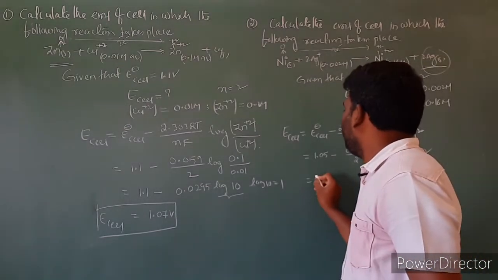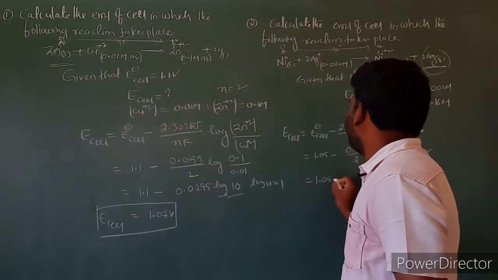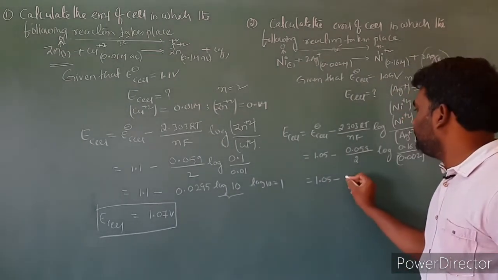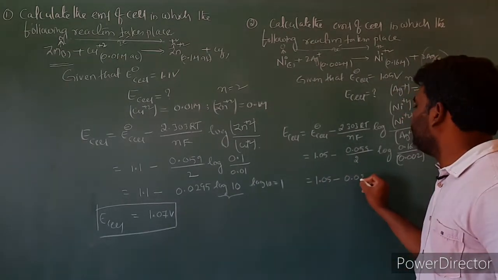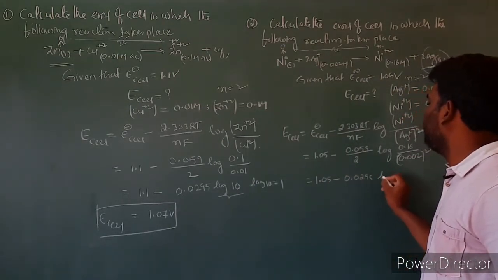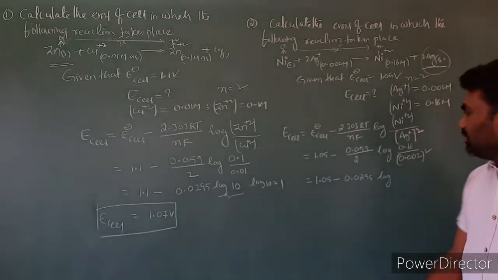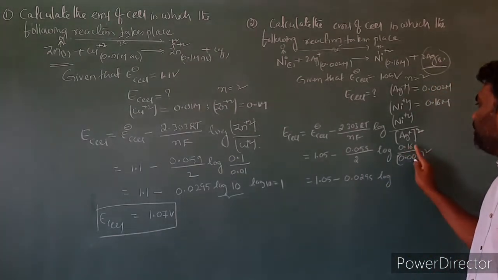Then simplify it. 1.05 minus 0.0295 log of 0.16 by 0.002 power 2.